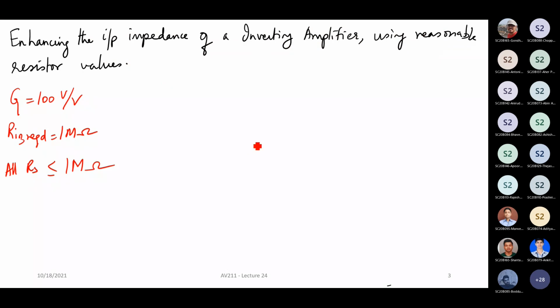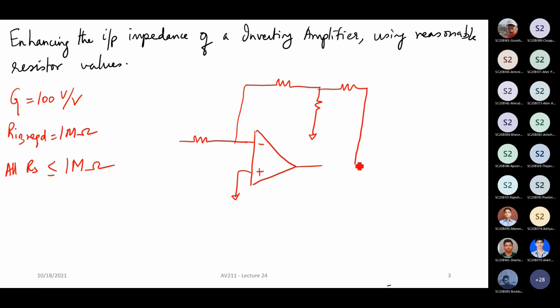Okay. Now here comes this circuit. So first let me draw the circuit, and then we will analyze how this is working, and then we will get an intuitive understanding as to how it is basically working. So let us say this is Vin.